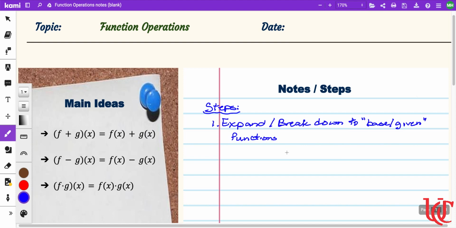And really, you're going to see the main rules, the main ideas that we have. So if you want, you can copy the main ideas.